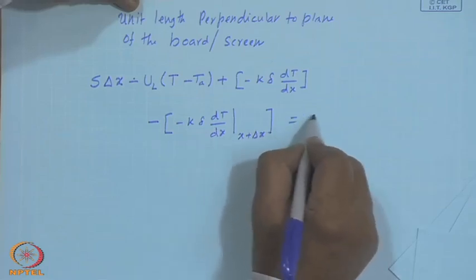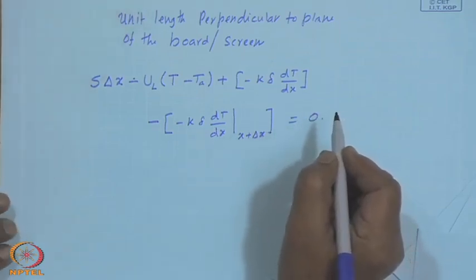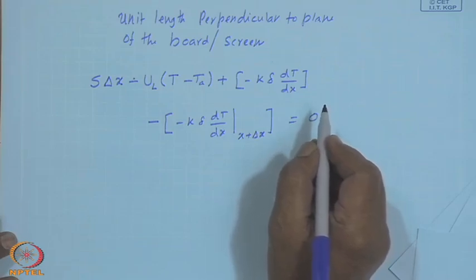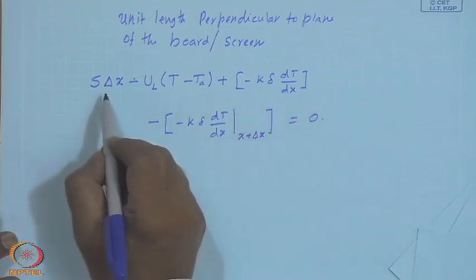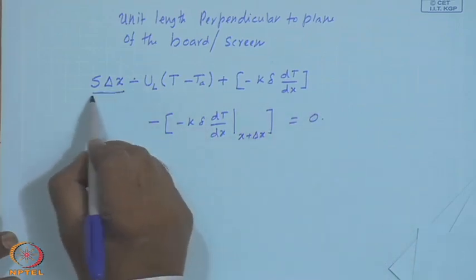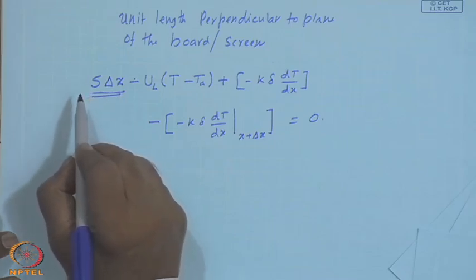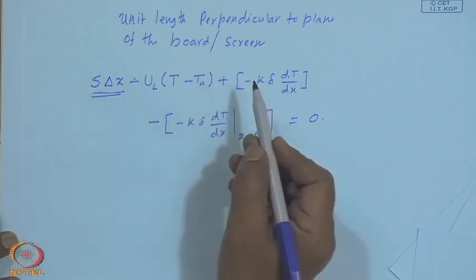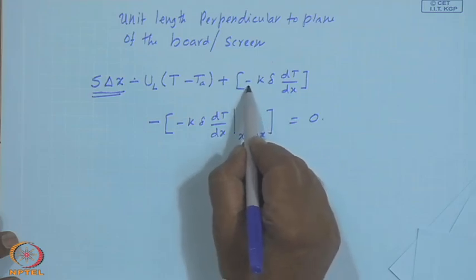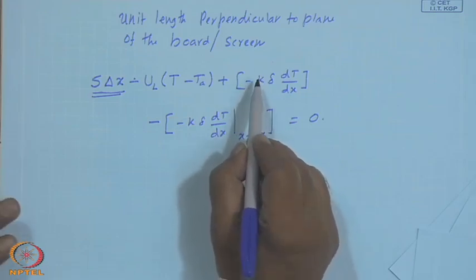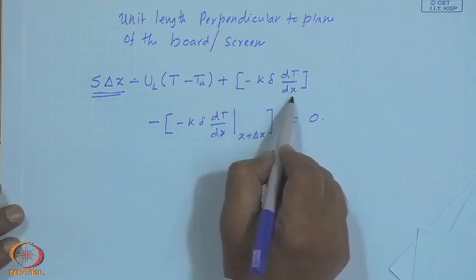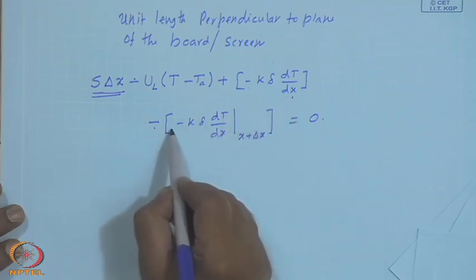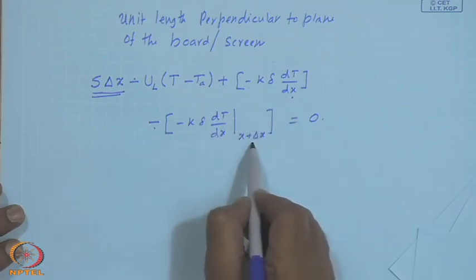This should be equal to 0. I prefer to write this equation in terms of physics. This is an entering radiation that is absorbed, and U L into T minus T a leaves, it is a loss, and on one side the entering is given by Fourier law of conduction, minus k delta dT/dx, and what presumably leaves the control element is the same thing at x plus delta x.